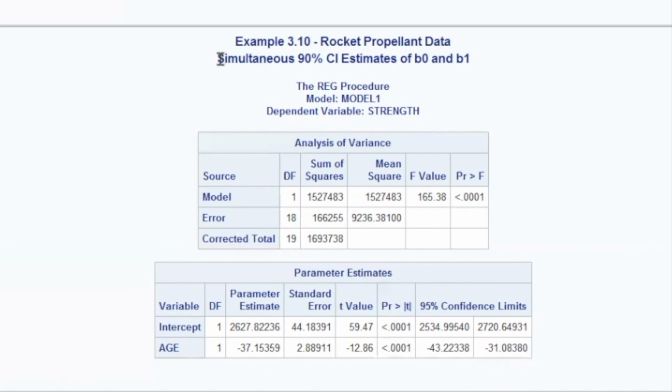But we could also say that we are 90% confident that beta 0 is between, again, these two values, and beta 1 is between those two values. So that 90% applies to both intervals simultaneously.